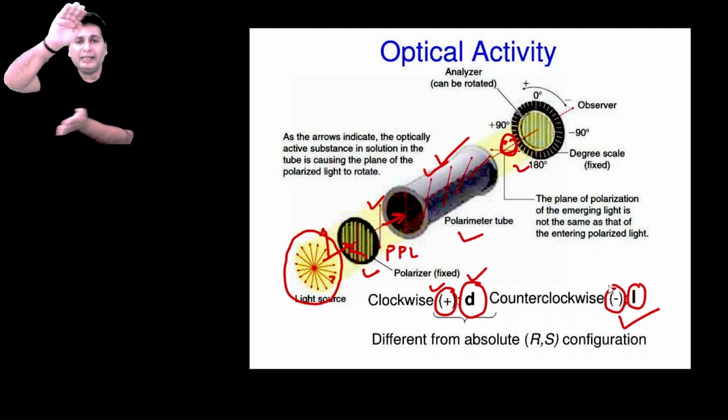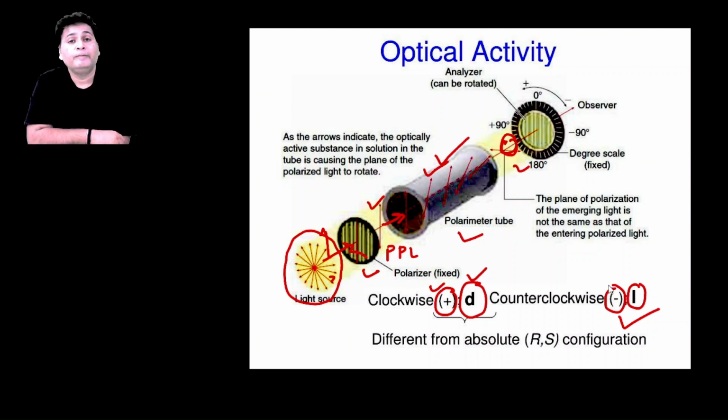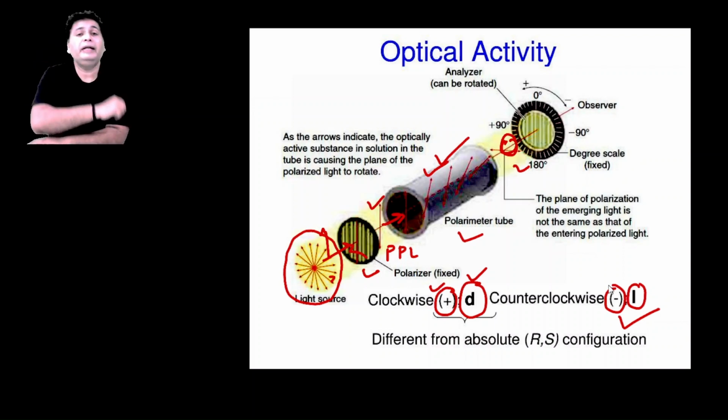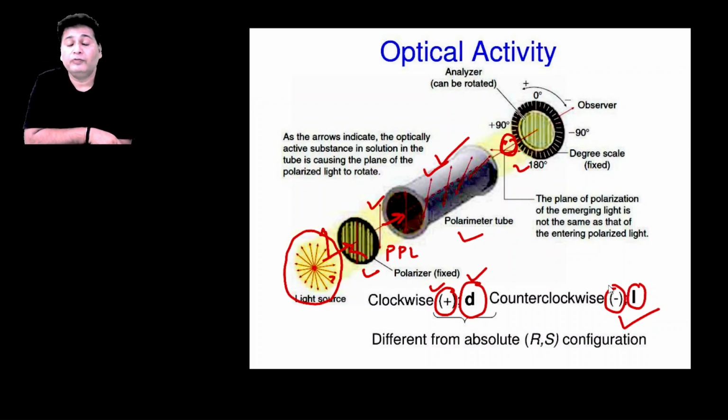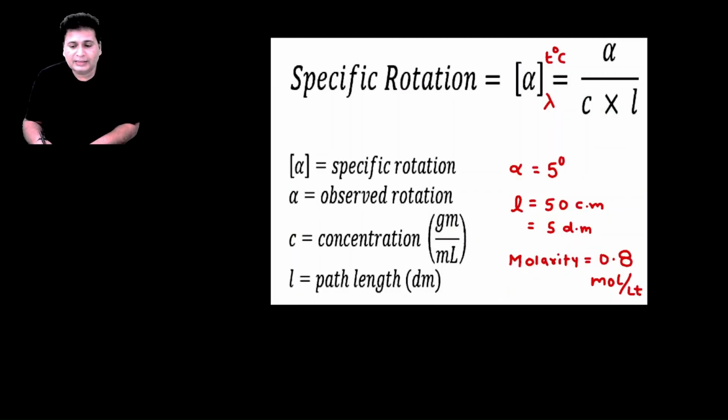If it rotates the plane polarized light in the clockwise direction, it is dextrorotatory. We put a symbol plus and the letter small d for that. And if it turns the light in the anti-clockwise direction, we use the letter L, levorotatory, and the sign is minus.